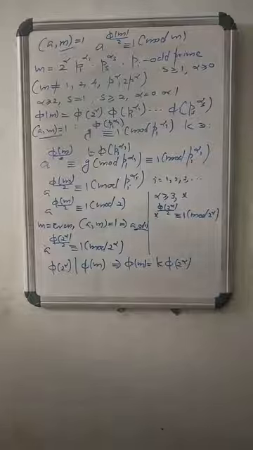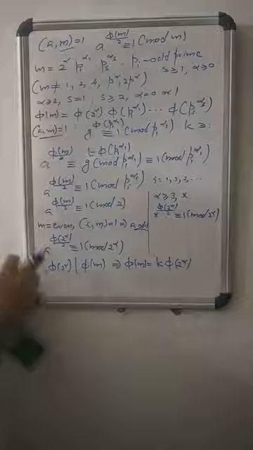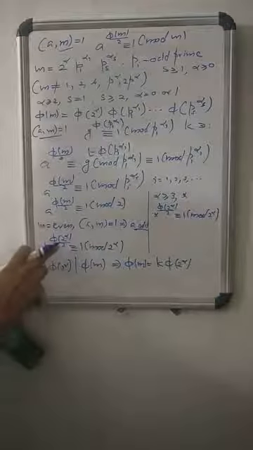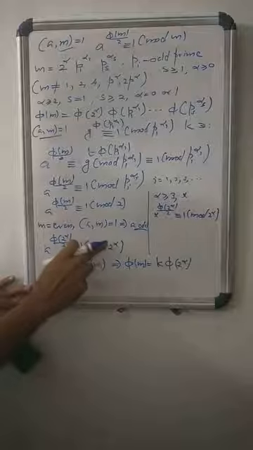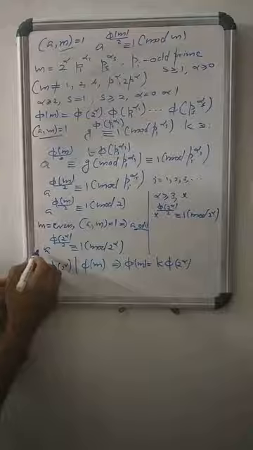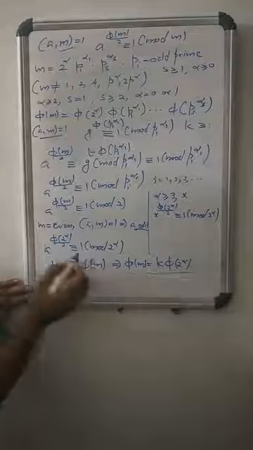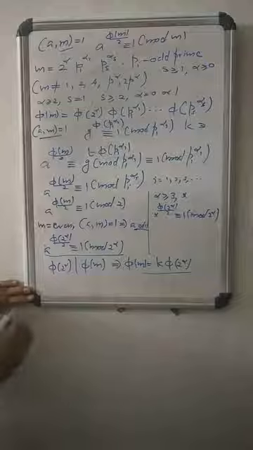Okay. Therefore, a power phi of 2 power alpha by 2 congruent to 1 mod 2 power alpha gives a power k into phi of 2 power alpha. Phi of m equals k into phi of 2 power alpha, and a power phi of 2 power alpha by 2 congruent to 1 mod 2 power alpha.